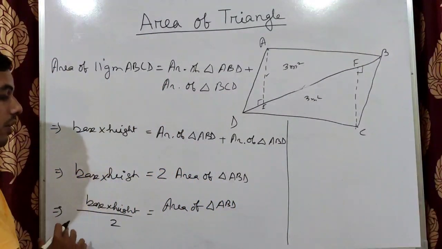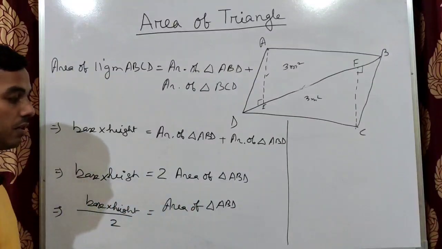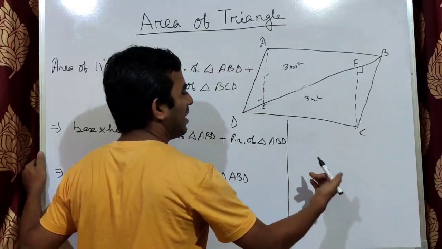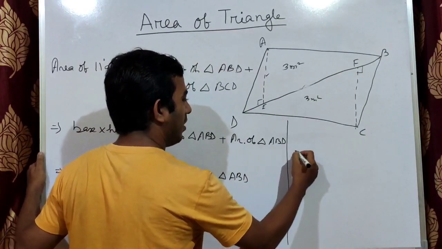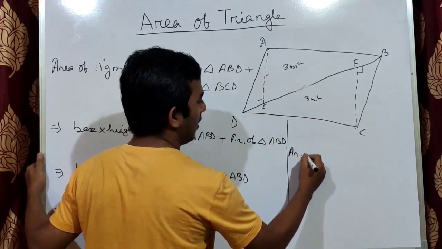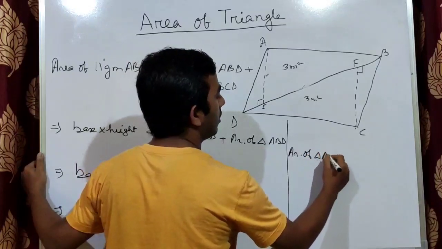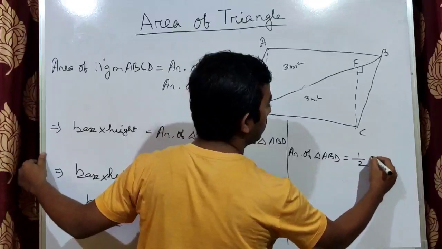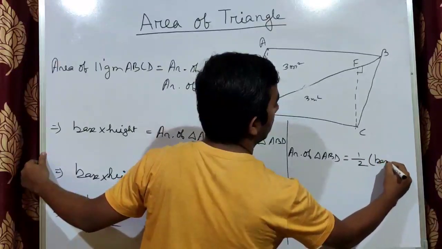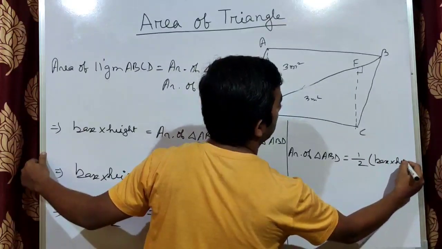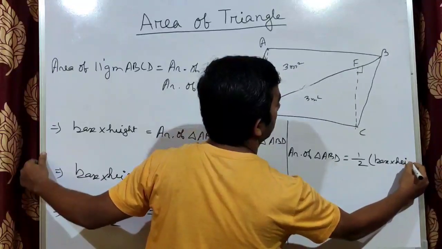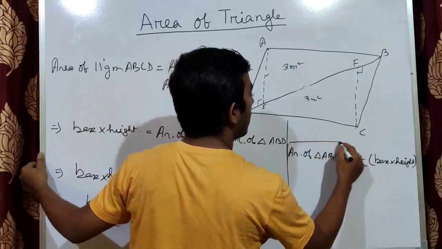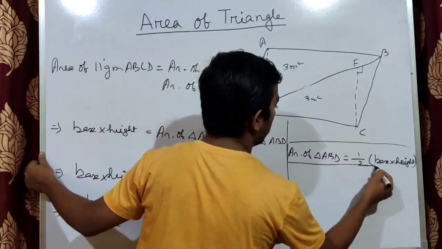So we have found the area of the triangle ABD. For looking better, we write it like this: area of triangle ABD equals half into base into height. Clear?